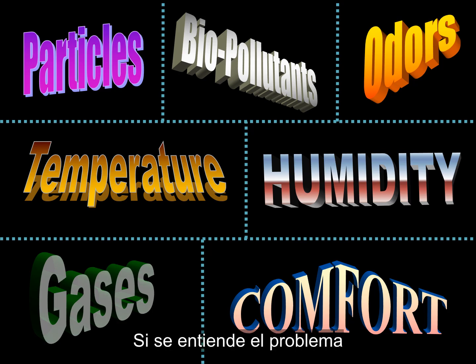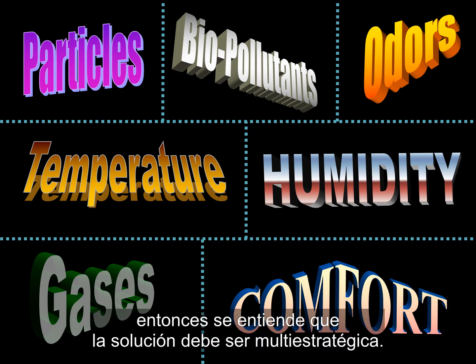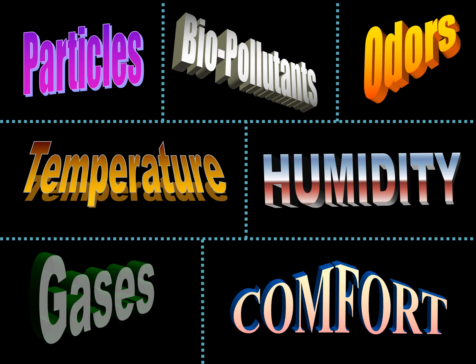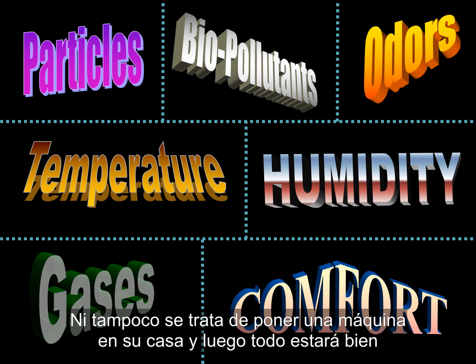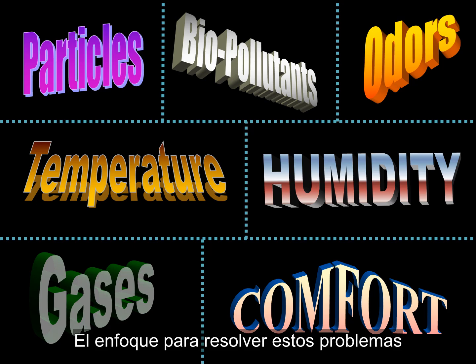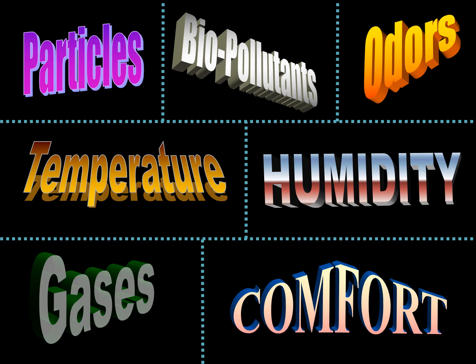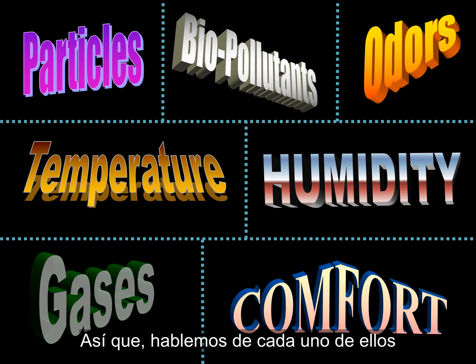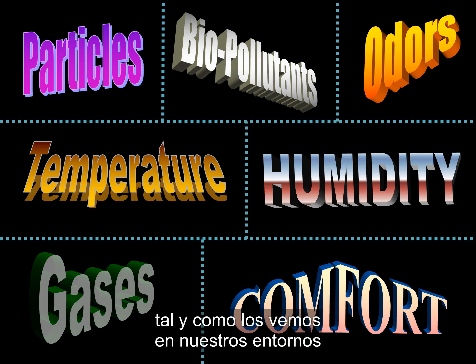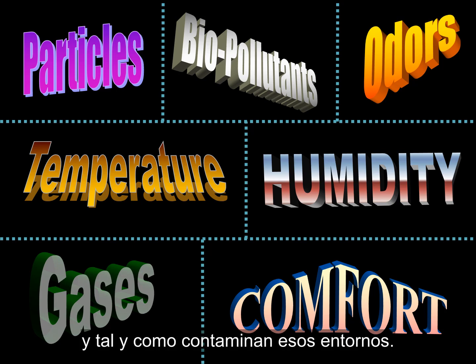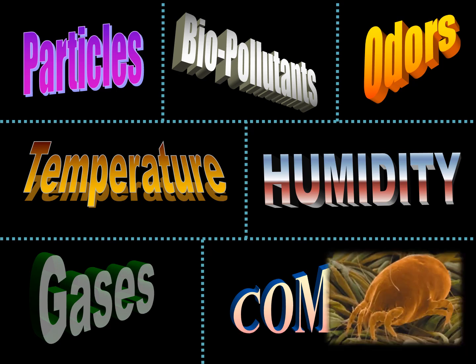If you do understand the problem, and you understand that it's multifaceted, then you will understand that the solution must then be multi-strategic. There is no one-size-fits-all, or just put this machine in your house and all will be well approach to solving these issues. It's about dealing with all of them in a synergistic way. So let's talk about each of these as we see them in our environments and as they pollute those environments.